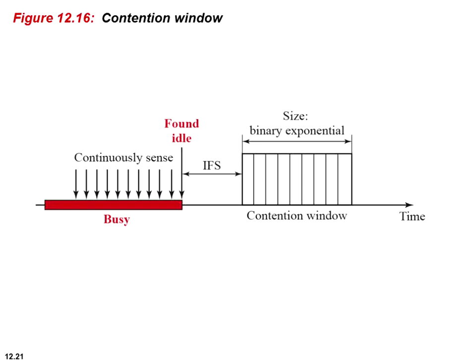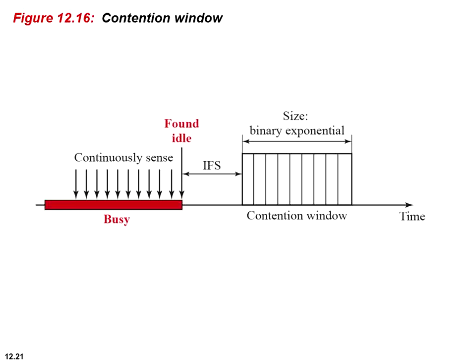This diagram shows the contention window. The contention window is an amount of time which is divided into slots. So a station that is ready to send chooses a random number of slots as its wait time. The number of slots in the window changes according to the binary exponential backoff strategy.